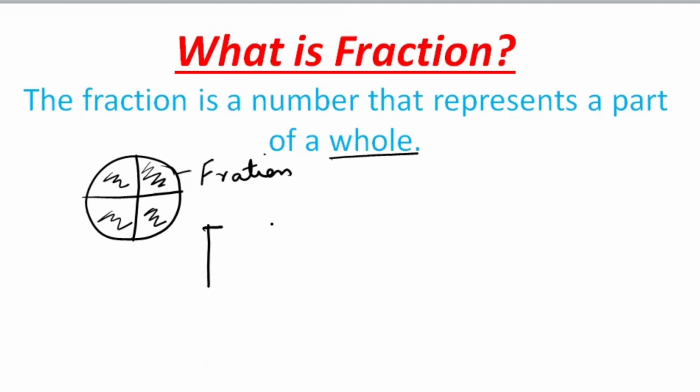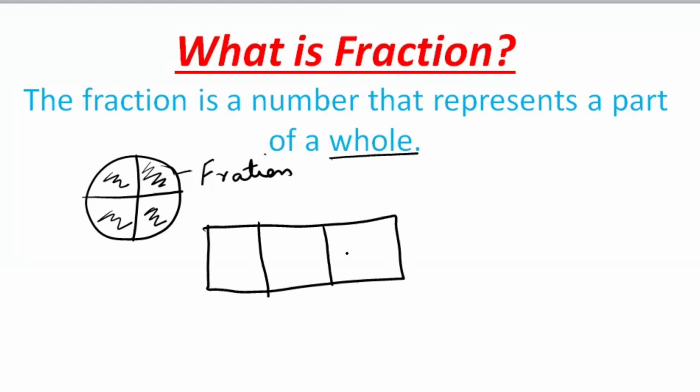Okay? And in fractions, this is a rectangle. And when we divide this rectangle into three equal parts, and when we shade these parts, it's about how many parts we have shaded out of how many parts we have. 1, 2, 3. It means three parts together make a whole.